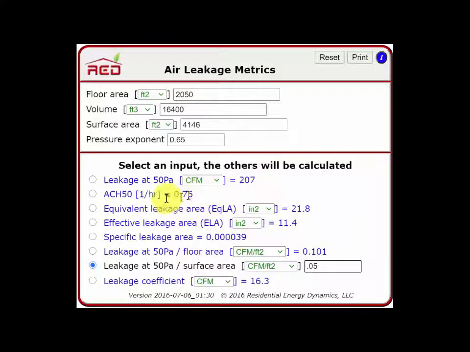You can also see what the ACH50 is that corresponds to that. So I think in the future we're going to see leakage at 50 pascals divided by surface area. Another way of saying that is CFM50 per surface area. That will become a more common metric, and I think it's the best one out there.